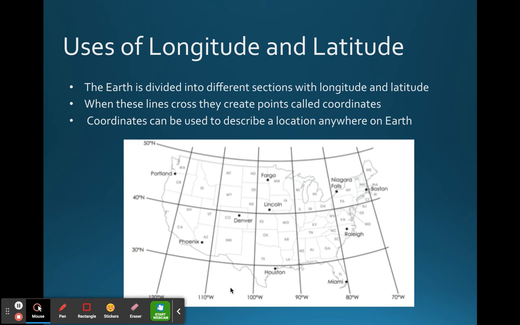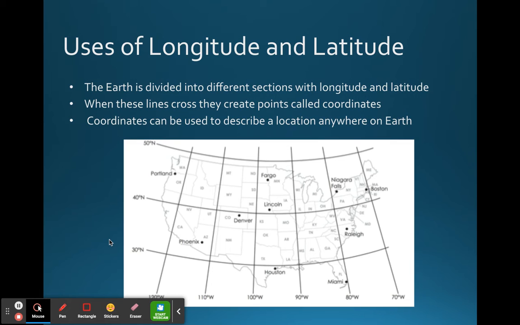And then you can also see the lines of latitude. We have 30 degrees north, 40 degrees north, 50 degrees north. Because the United States is above the equator, it is in the Northern Hemisphere, and so all of our lines of latitude will be labeled with north.